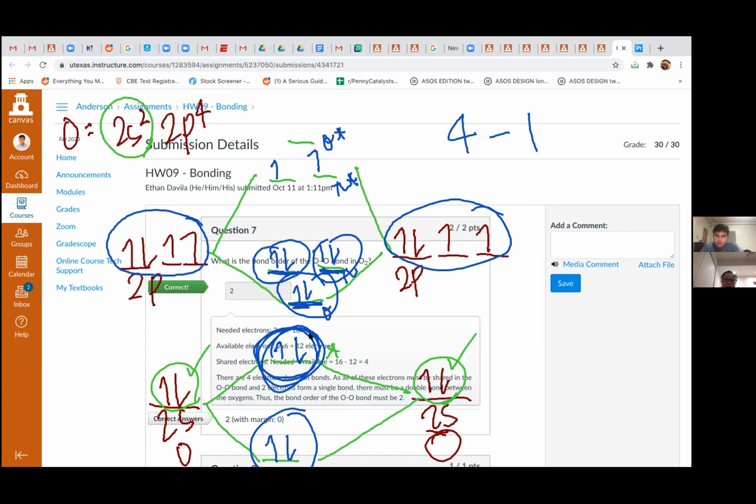Yep. And then you divide it by 2. This is actually 3 over 2. It's 1.5. Wait, so there were 4 that were anti-bonding? Bonding.